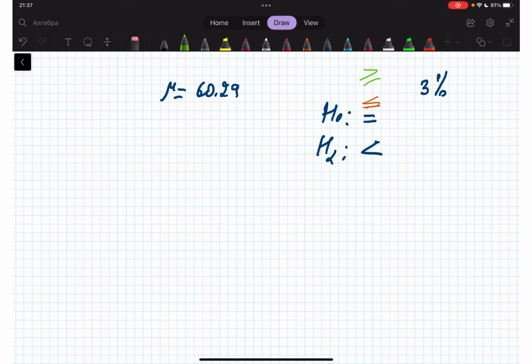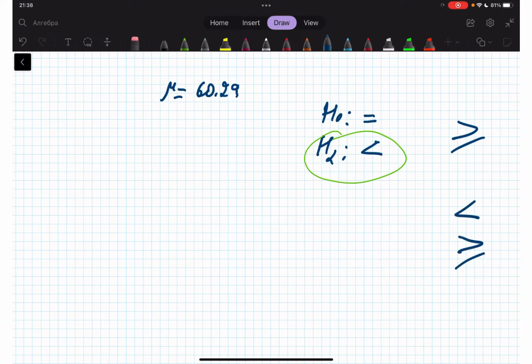Because it says lower, in our case it's going to be the alternative hypothesis, and the complement should be greater or equal. But since we are usually testing the null hypothesis on equality, we can simply put the equal sign. This material uses null hypothesis equal. But I can assure you the complement of less is greater or equal, so it's not going to be a problem.